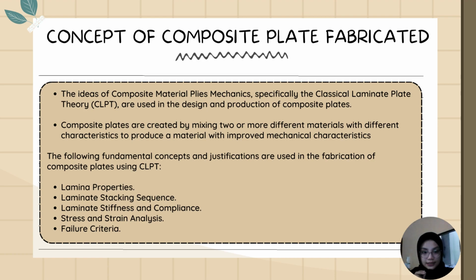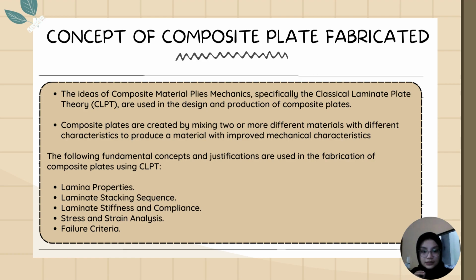The stacking sequence describes how individual plies in a composite laminate are arranged. Thirdly, laminate stiffness and compliance. The stiffness and compliance matrices are used to describe the composite laminate's mechanical response. And fourthly, stress and strain analysis.